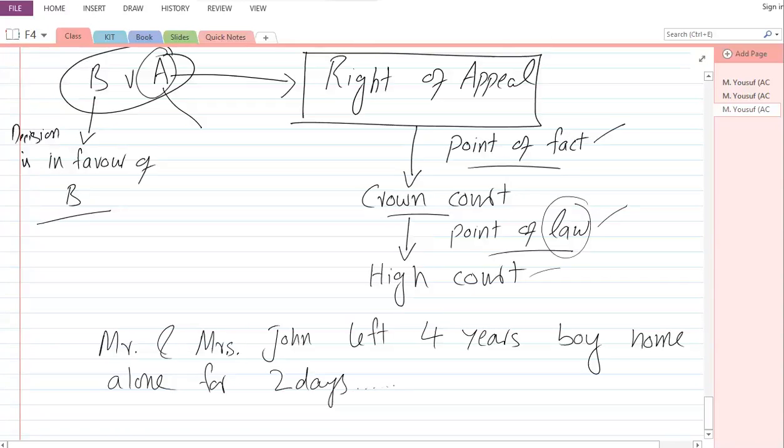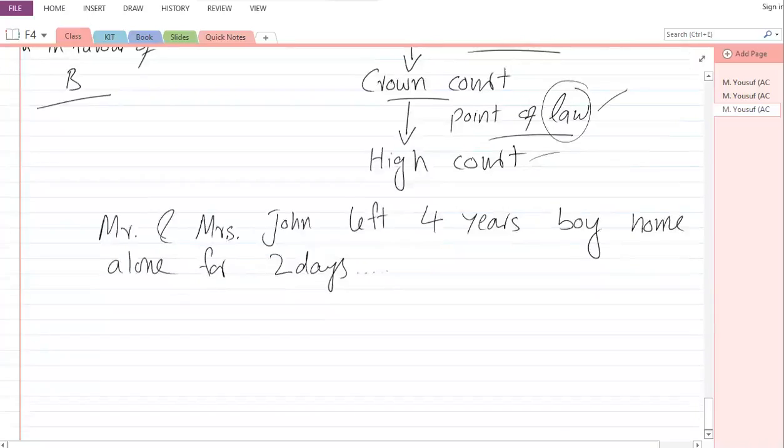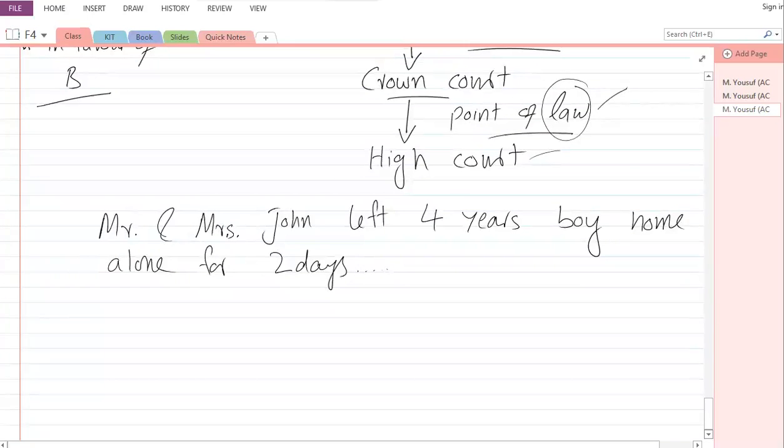So this is an event that occurred last Saturday. So there is a case against Mr. and Mrs. John that they left their 4 years boy home alone without any reason for 2 days without any supervision. So this is a violation of the rights of a child.